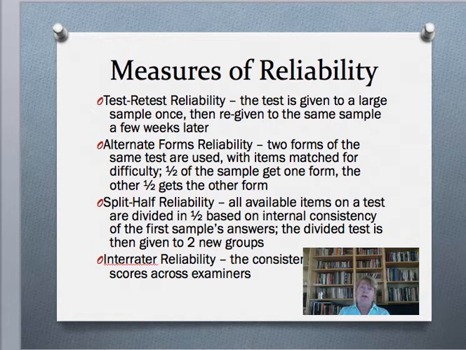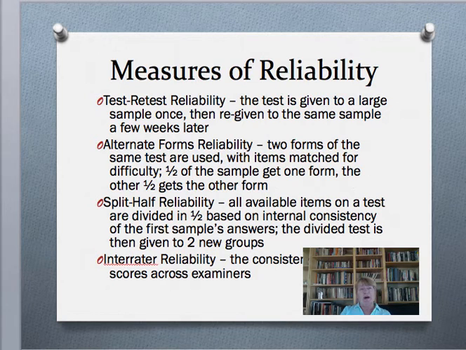And then I take my divided test. Now I've got 2 halves of my test, and I give it to 2 new groups, with group 1 getting one half of the test and group 2 getting the other half, and I correlate their scores. That's split half reliability. It's a little more complicated than that, but that's the simplest way to describe it.